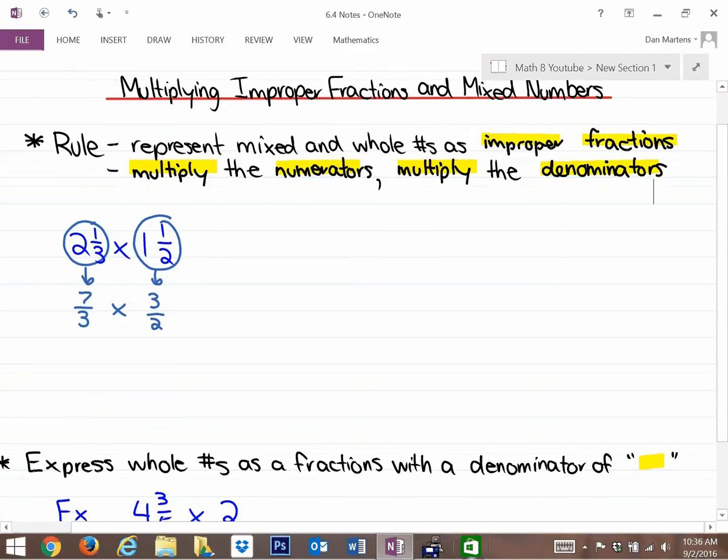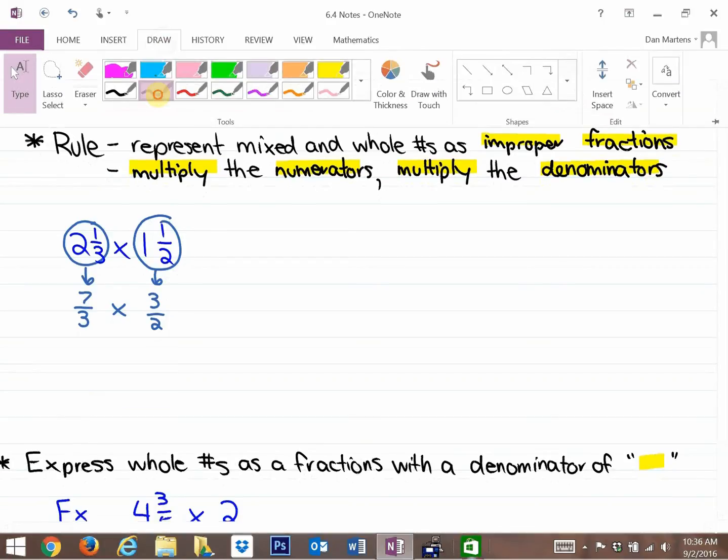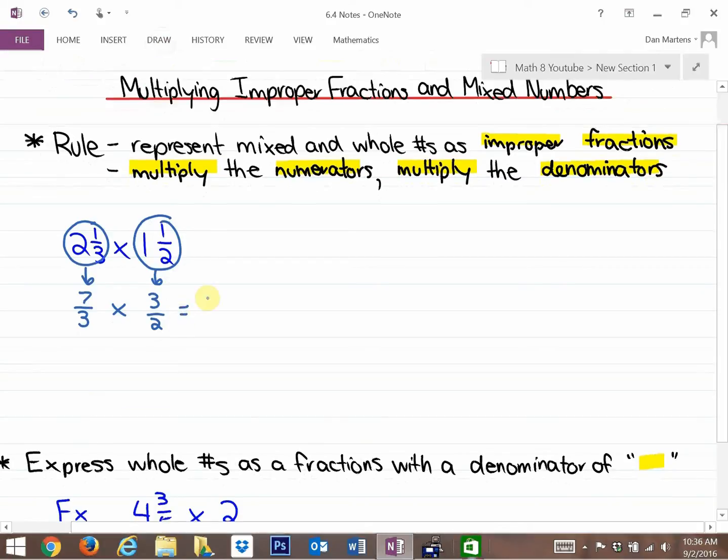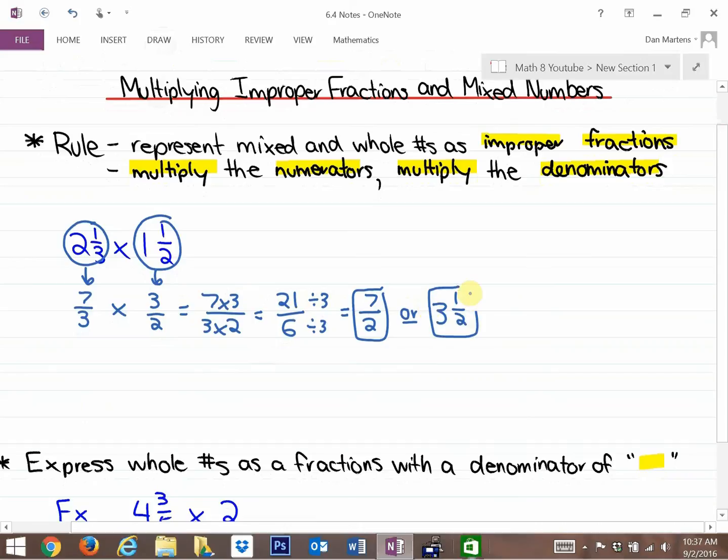So I can now do numerator times numerator, so 7 times 3, and denominator times denominator, which is 3 times 2, and that becomes 21/6. The last thing that you always try to do is to make these into lowest terms, and I know that 3 goes into 21 and 6, so we have a final answer of 7/2, or if you wanted to make it a mixed number, 3 1/2.